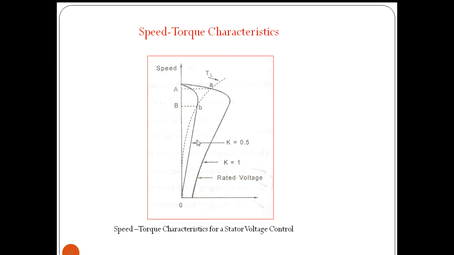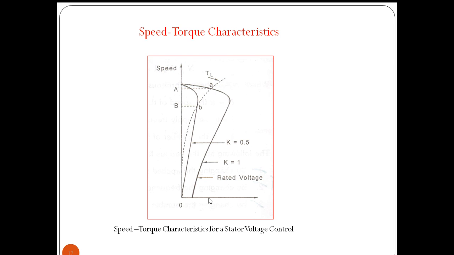In the above figure, TL shows the load torque, and point A is the operating point at rated voltage, K equal to 1, and OA is the motor speed at rated voltage. For reduced stator voltage, K equal to 0.5, and P is the operating point. OB is the reduced motor speed for rated torque.